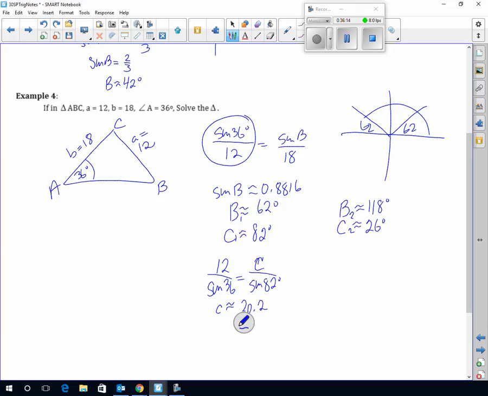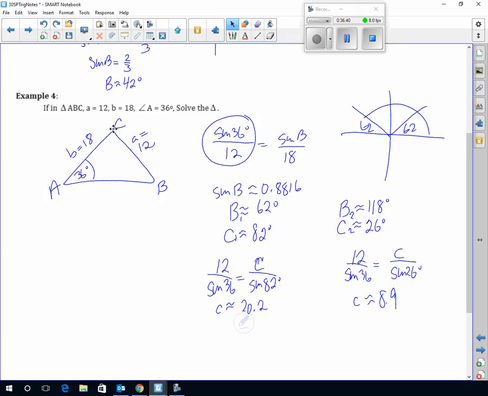And if I do it over here, 12 over sine of 36 degrees is equal to C over sine of 26 degrees. You see I'm using 26 instead of 82 this time. What do I get C to be? 8.9.